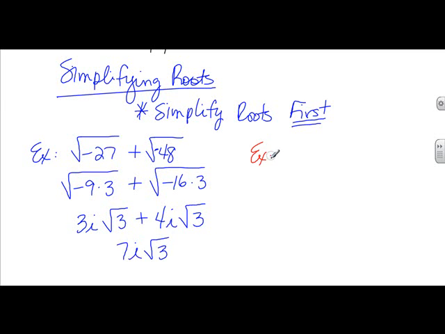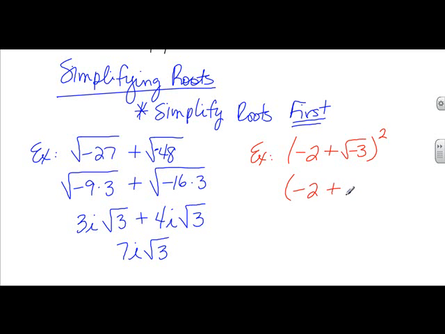But with a problem like this, where you have negative 2 plus the square root of negative 3 all squared, you do kind of have a choice. Part of me wants to think about squaring this binomial before I simplify the square root of negative 3. But to get the correct answer, we need to do that first.